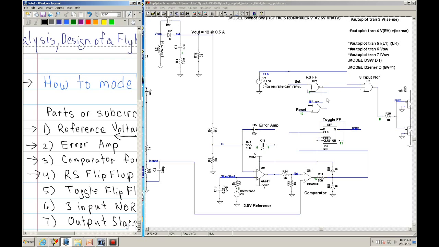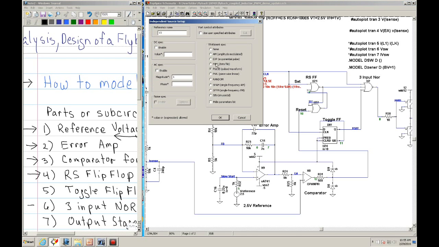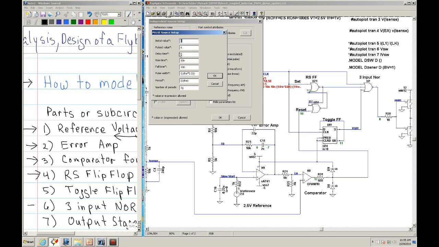The output is then fed to one leg of the input NOR. That's this part, and we discussed one leg so far, and this is the clock. The clock, if you'll notice, is 0 to 5, and I have a rise time of 10 and a fall time of 10. For the pulse width, I put curly brackets, and it's 1 divided by the frequency times 0.01.